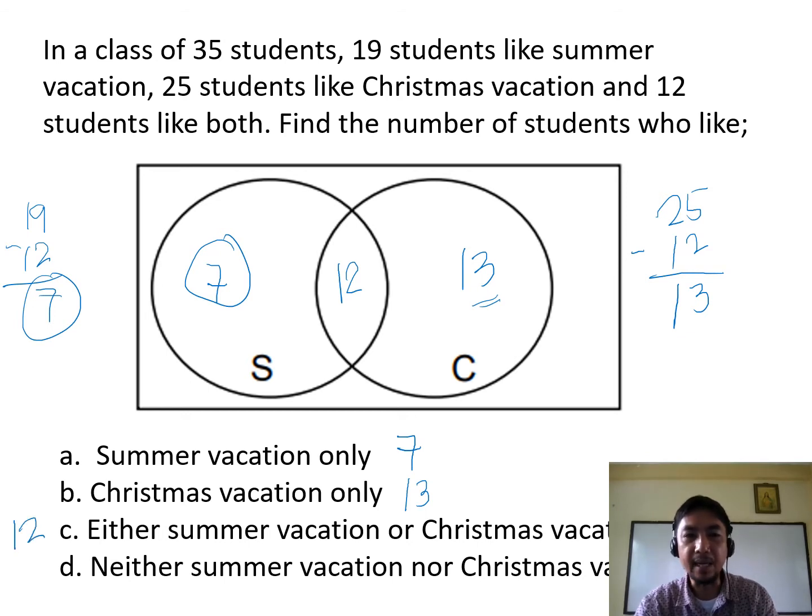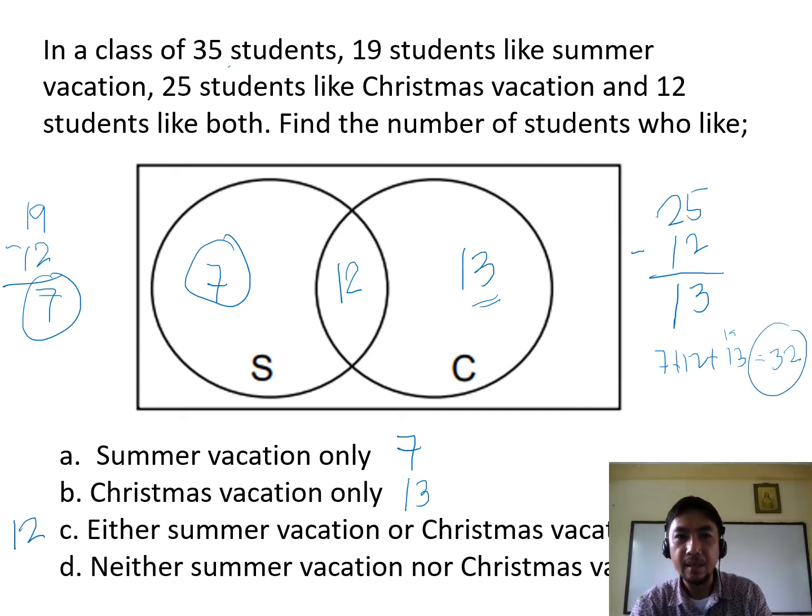Okay? Pag sinabi naman natin neither, yung ayaw ng Christmas vacation at ayaw ng summer vacation. So, titingnan muna natin kung ilan ang total nito, di ba? 7 plus 12 is 19. So, 7 plus 12 plus 13 gives you 32. But, if you notice, 35 ang lahat-lahat ng students natin.